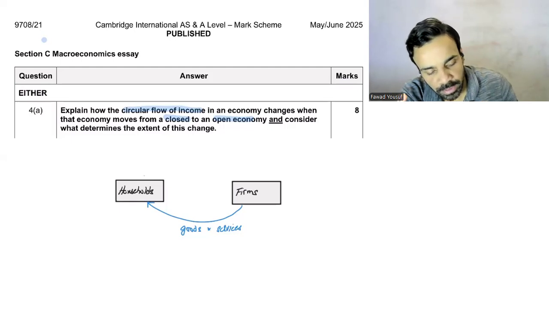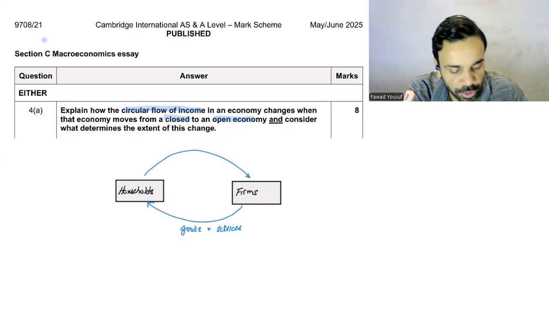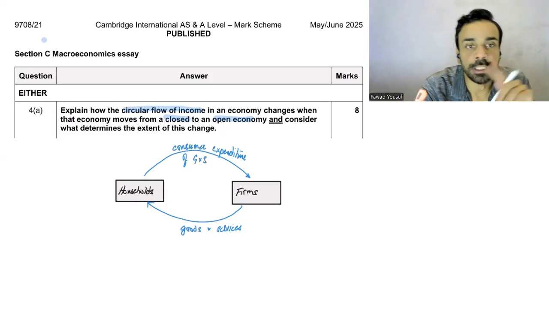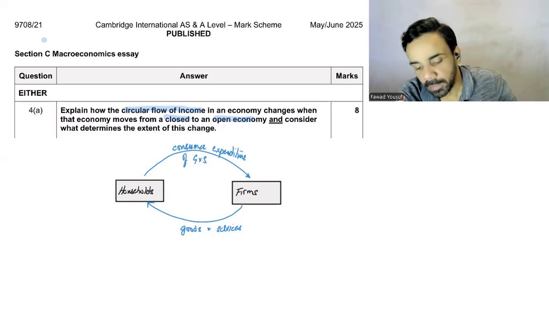And in return, this is how consumer spending, yeah, expenditure on those goods and services is shown. So this is one.